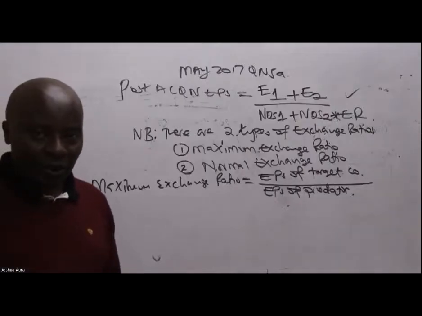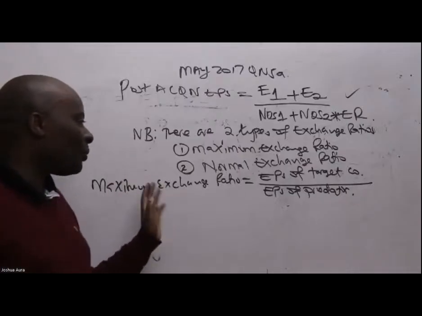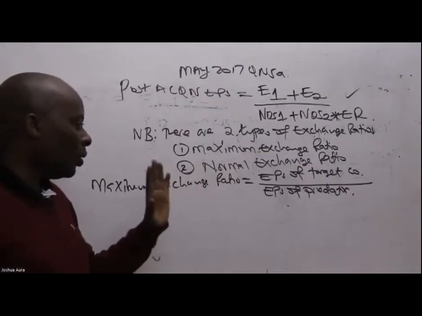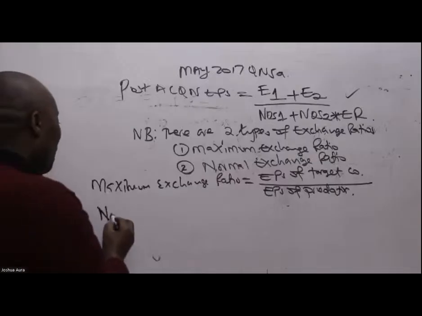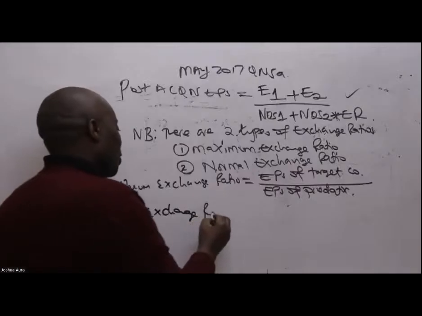That's the maximum exchange ratio. Unless the examiner specifies that they want the maximum exchange ratio, I'll always think of the normal one.